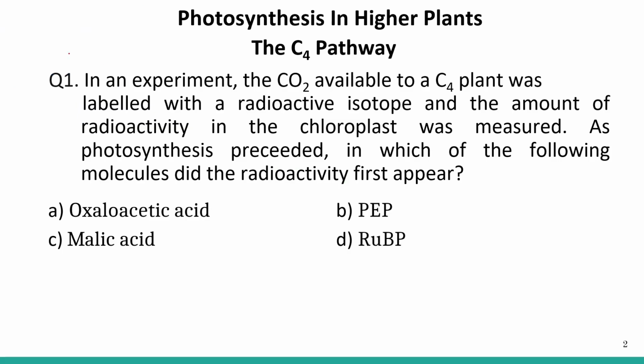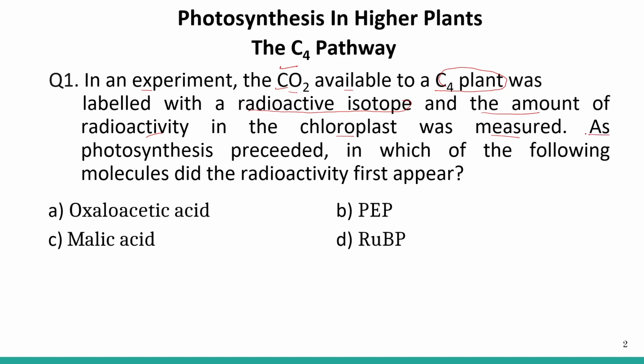So let's start with the first question: in an experiment, the carbon dioxide available to a C4 plant was labeled with a radioactive isotope, and the amount of radioactivity in the chloroplast was measured.